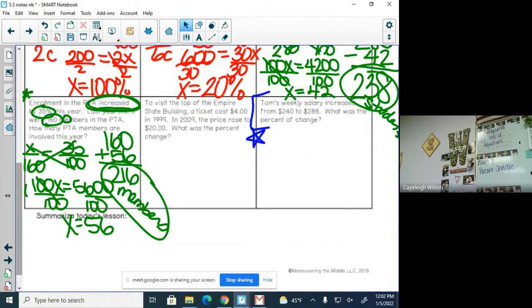How much did it change by? So the actual amount, because it says change over. Well, I know we need to put 48 there.